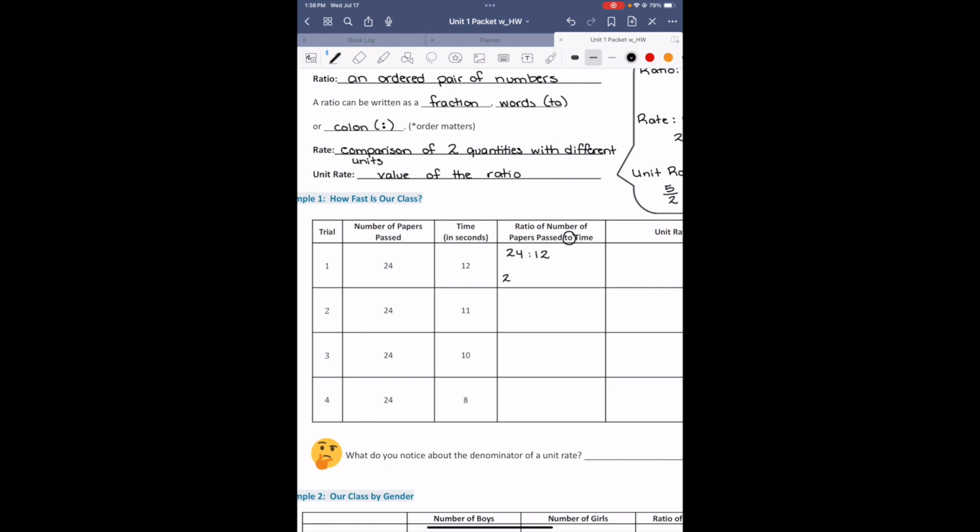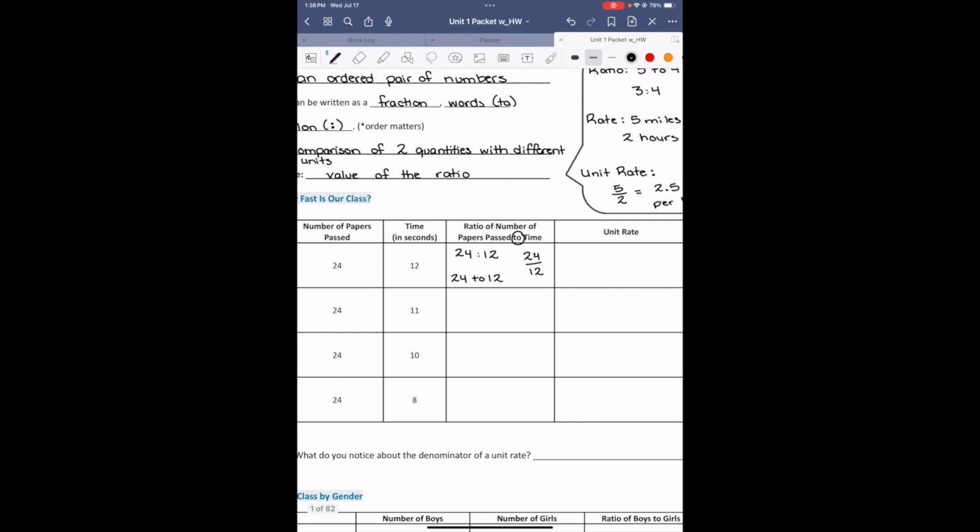You can write it with words, 24 to 12, or as a fraction, 24 over 12. My unit rate is the value. So I'm going to mainly look at this fraction here. I want the value of this fraction. So 24 divided by 12. Well, 12 goes into 24 twice. So this would be 2 over 1, or just 2.